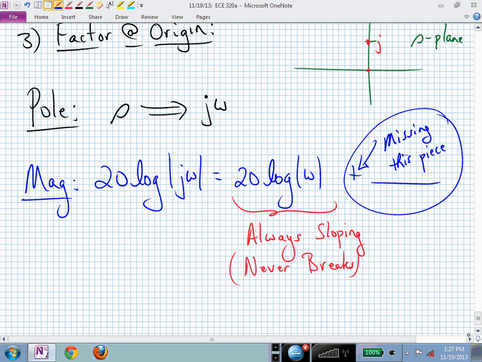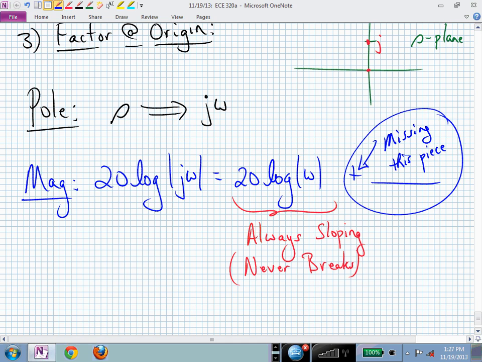Now I know the slope, and where was this factor located? Upstairs or downstairs? Was it a 0 or a pole? This was a pole at the origin, so I now know I have a slope of minus 20 dB per decade, always.